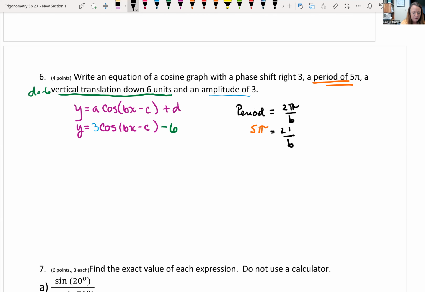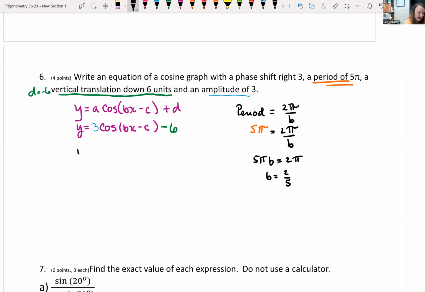So let's solve for b here. We could multiply both sides by b, so we get 5 pi b equals 2 pi. Divide both sides by 5 pi. We get b is 2 pi over 5 pi. The pi's cancel. We're left with 2/5.